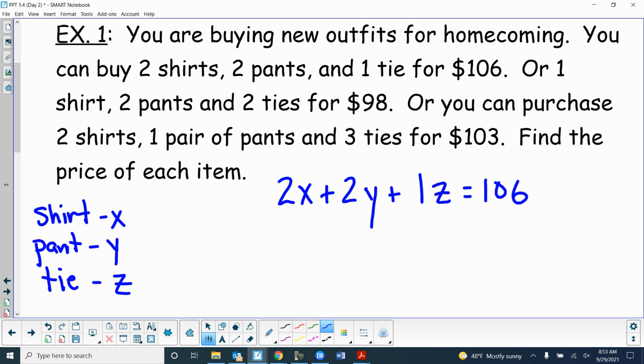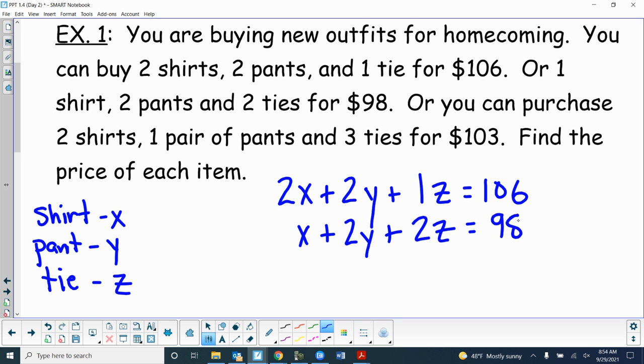All right. So what's the second equation, Cindy? X plus 2x plus y. This is the middle one here, the second one here. So you started right, 1x and then what? X, 2y, 2 equals 98.